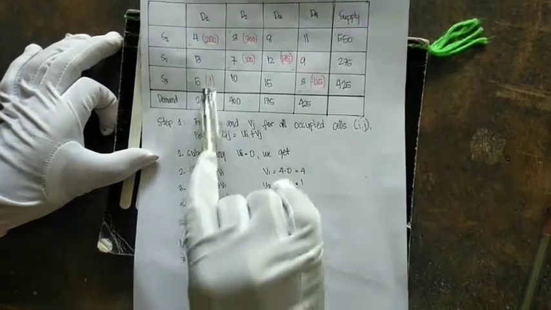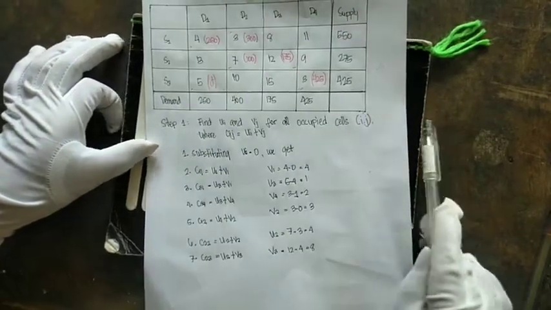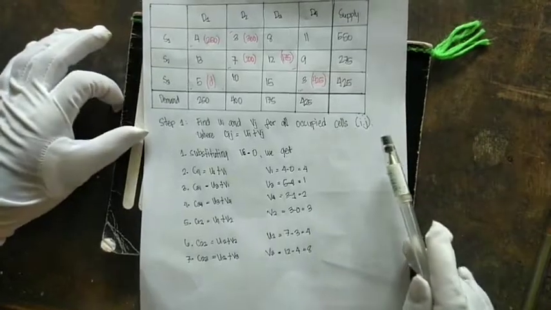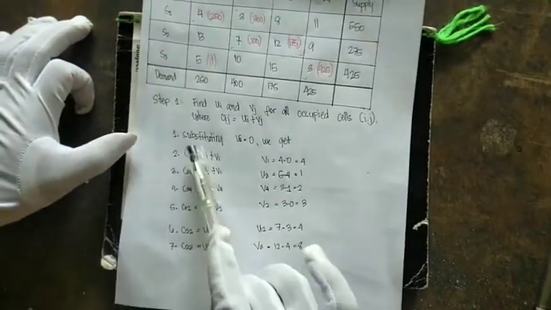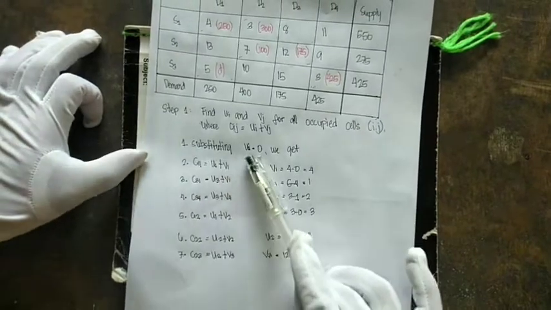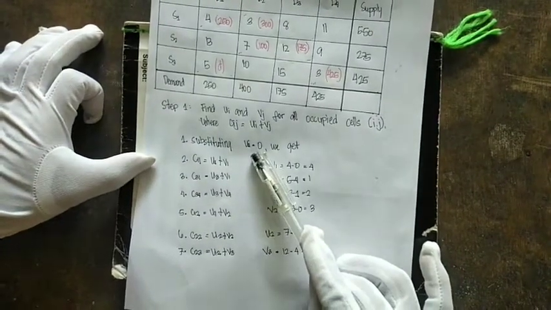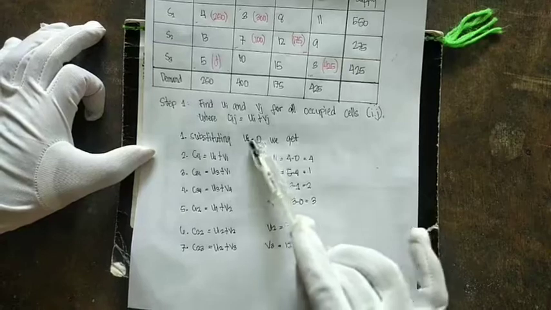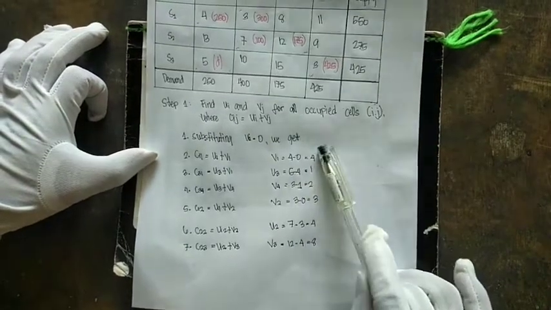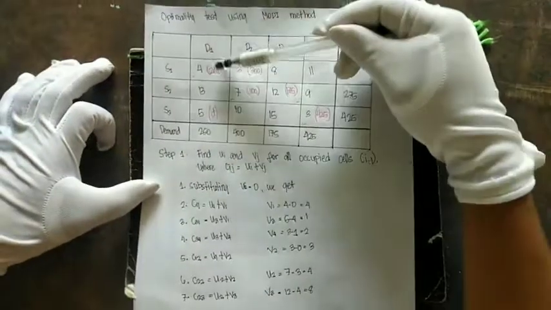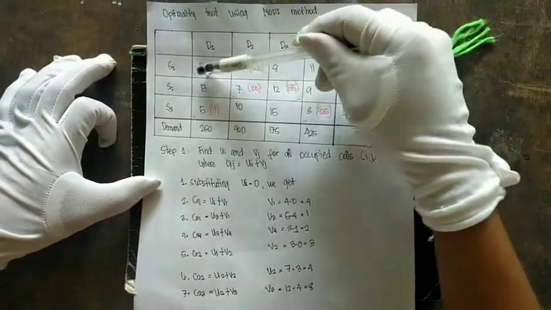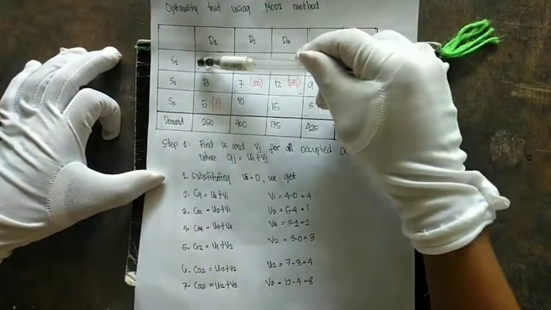So we will put this for our solution. So first we will substitute U1 equals 0, and we get C11. So in this cell C11, the 250, the value of the cell will be 4.